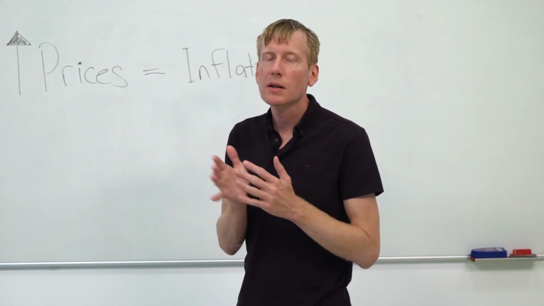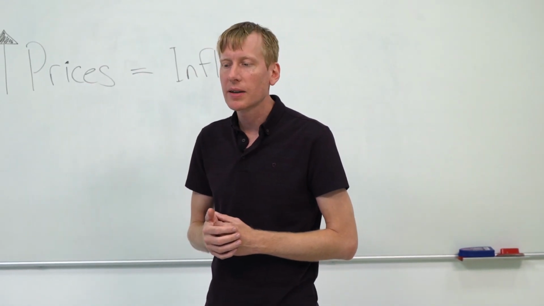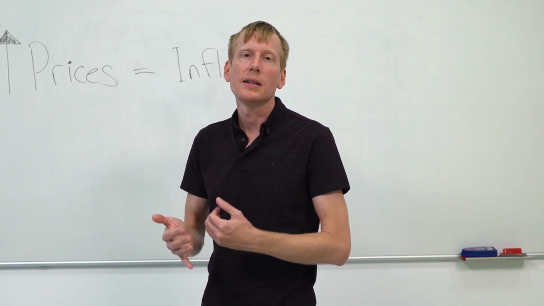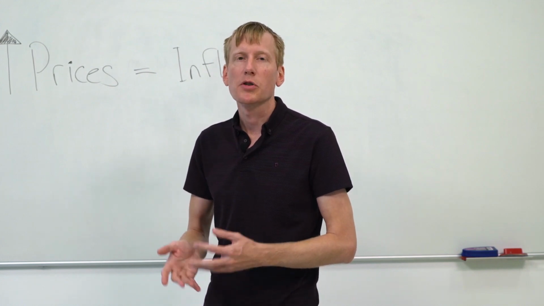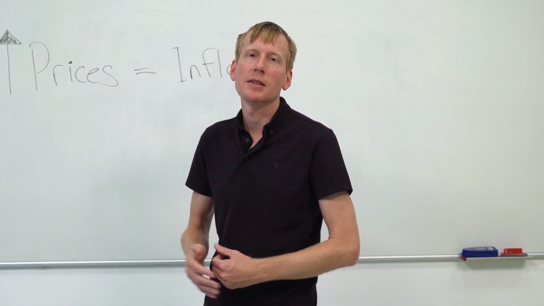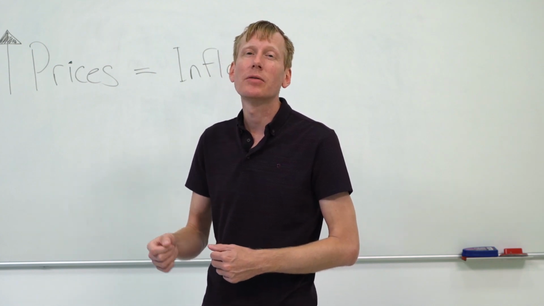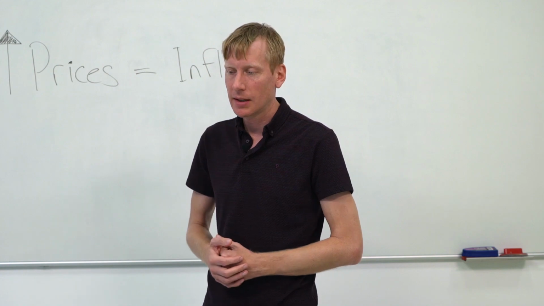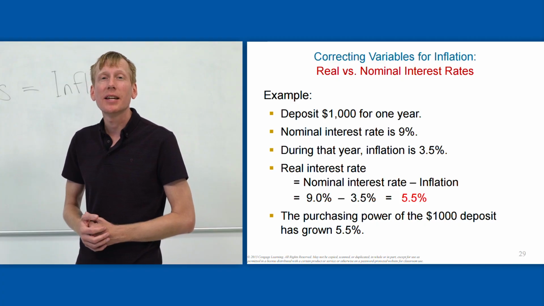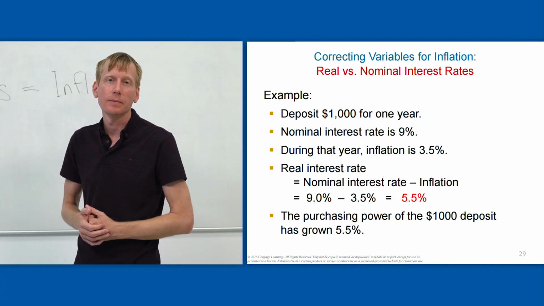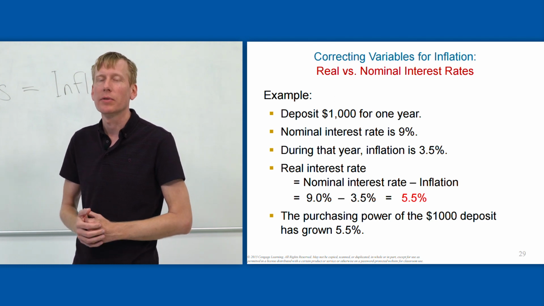So suppose, as another simple example, suppose hypothetically you deposited an amount in the bank, as opposed to a loan. Say you deposit some money in the bank, you save it there, and you expect to be paid an interest rate by that bank. Suppose that the interest rate that they pay you is 9% on that savings account. That's a nominal interest rate.